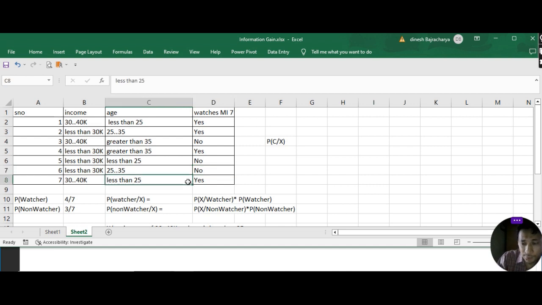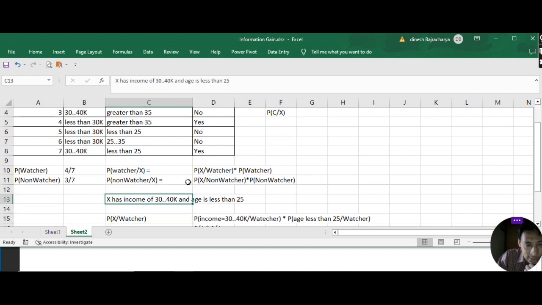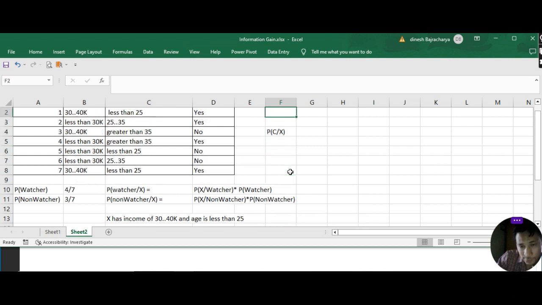So suppose that we have a new object X. X has an income of 30 to 40,000 and age is less than 25. Now we have to know in which class, watcher or non-watcher, this person X belongs. In order to calculate this, we have to calculate some probabilities.